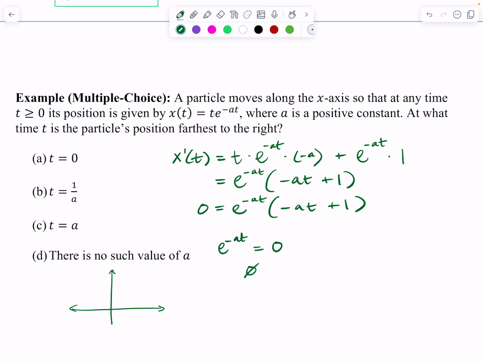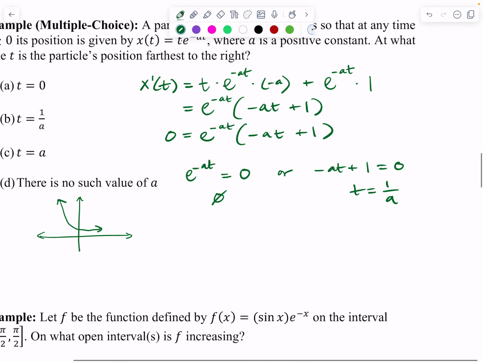Like if you let a equal to 1, the graph would look something like that. There's no real number that would make the left-hand side of that equation equal to 0. And then we also have negative at plus 1 equals 0. So velocity would be 0 whenever t is equal to 1 over a.